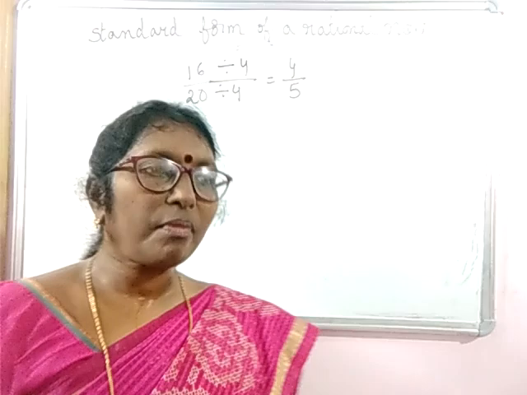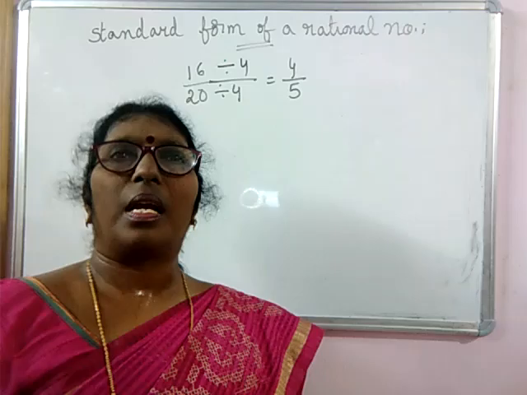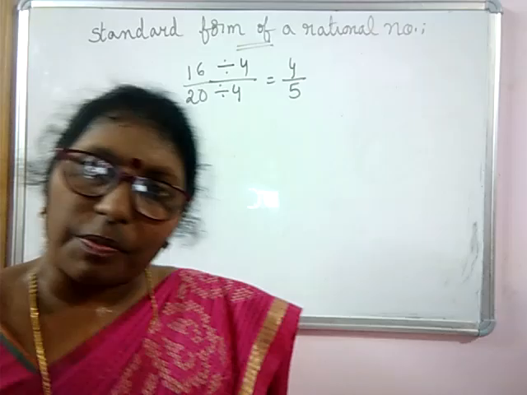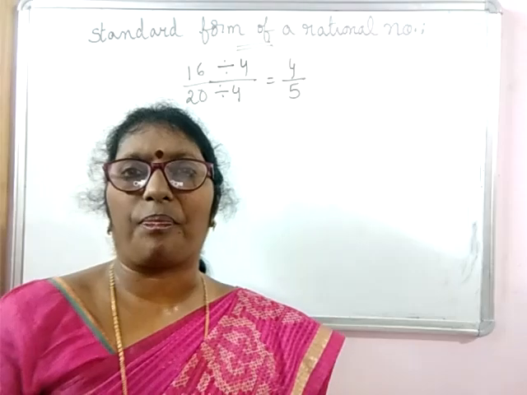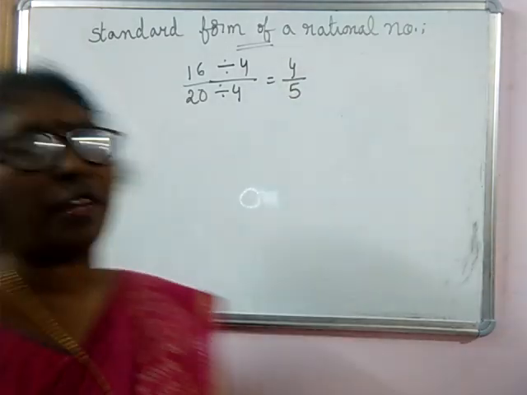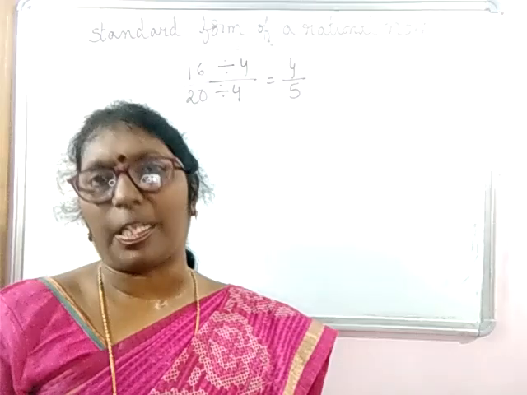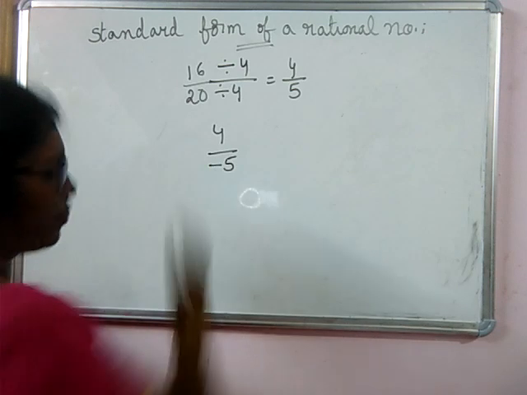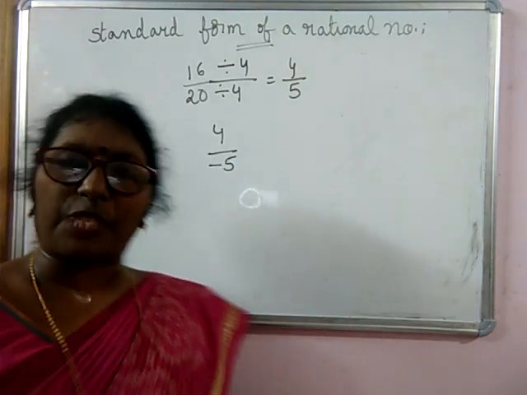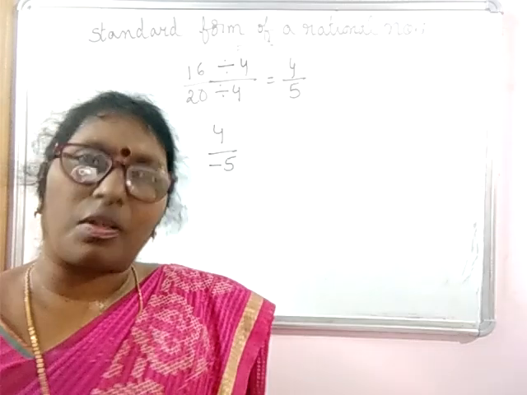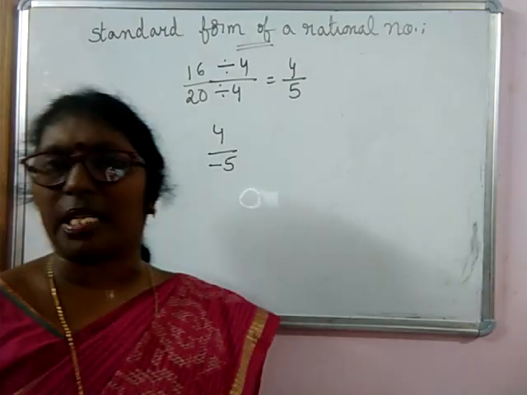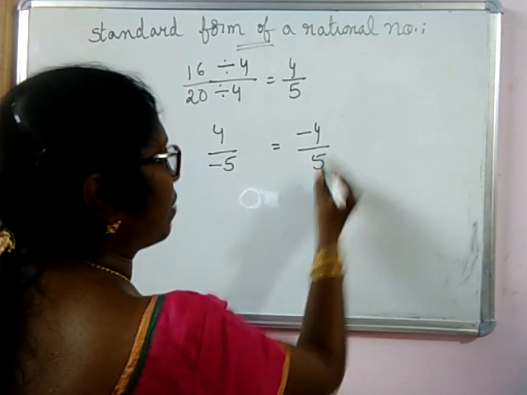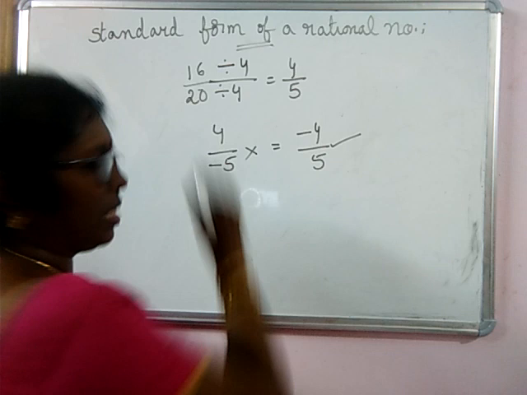Are you clear? So a rational number is said to be in its standard form if it is in simplest form. That means no common factor will be there between numerator and denominator. And also I told you one more. Suppose it is 4 by minus 5. 4 is an integer, minus 5 is also an integer. But the denominator should not be negative. 4 by minus 5 is also equal to minus 4 by 5, it is the standard form but not this.